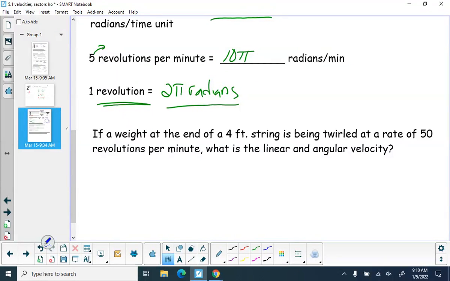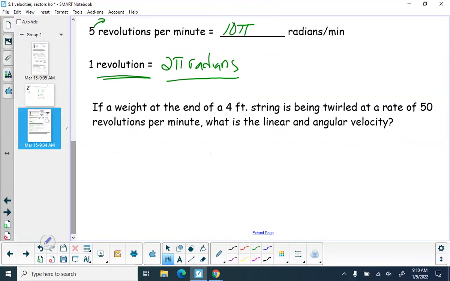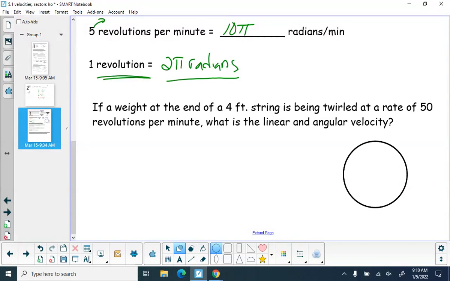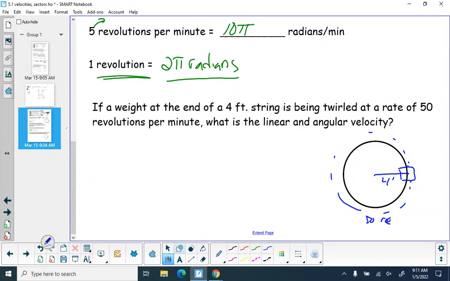Well, the radius is 4 feet. So you have this weight that's being spun around at 50 revolutions per minute, RPMs. What is the angular velocity and linear velocity?